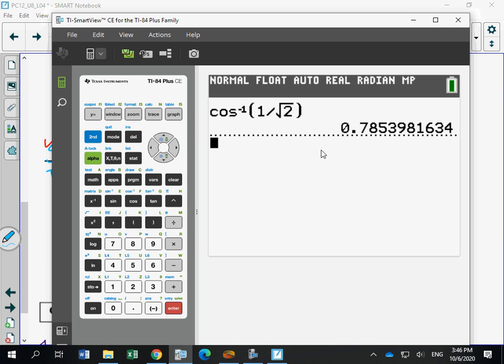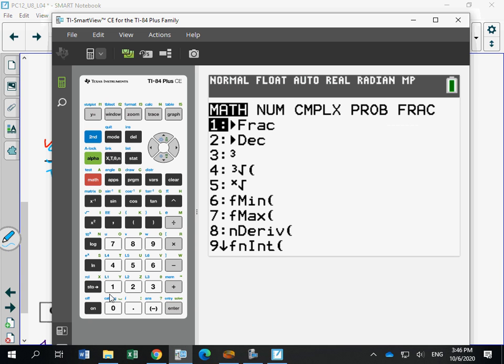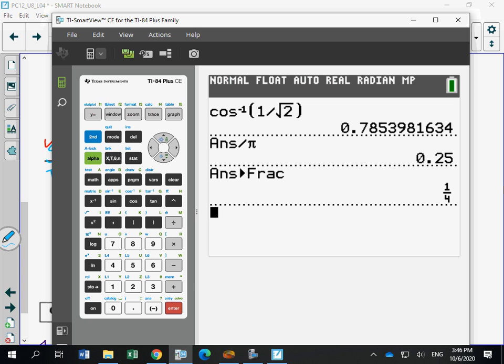I get this reference angle here, and I need it expressed in terms of pi radians. To do that, take your reference angle and divide it by pi, and convert that number to a fraction, which will be a quarter. So my reference angle is 1 pi over 4, or I'm just going to say pi over 4.